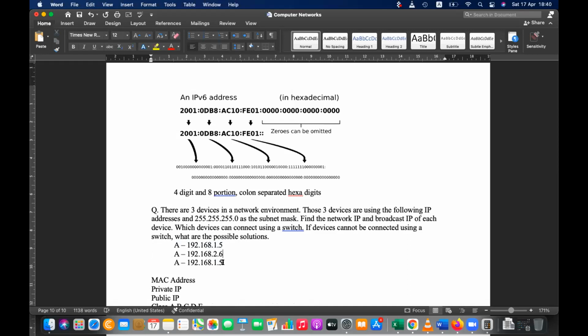Third one is 1.93. These are the three devices, A, B, and C. So you have to find out the network IP of each and also the broadcast IP of each. So can you do this quickly? If you need any help, I can help.